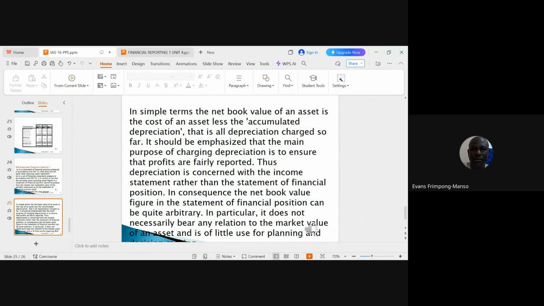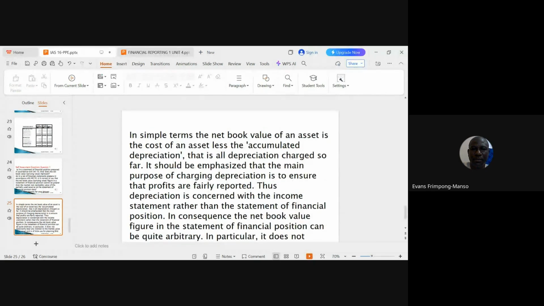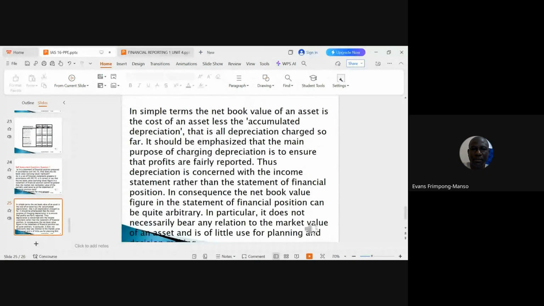This is the solution to the question. In simple terms, the net book value of an asset is the cost of an asset less the accumulated depreciation, that is, all depreciation charged so far. It should be emphasized that the main purpose of charging depreciation is to ensure that profits are fairly reported. Thus, depreciation is concerned with the income statement rather than the statement of financial position.